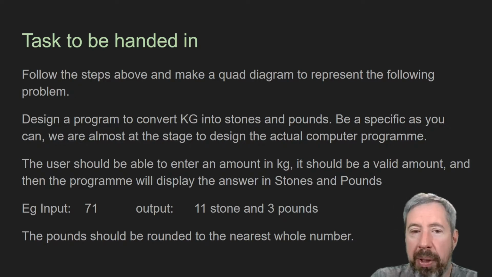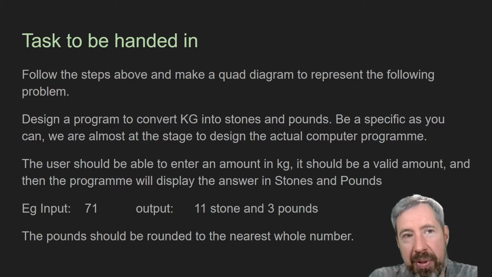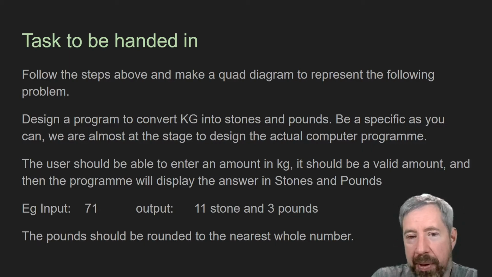Normally when you go on a number converter and you type in so many kilograms, it will give you an answer like 10.2 stone. We don't want that. We want to know the value in stones and pounds. So I've put an example below.